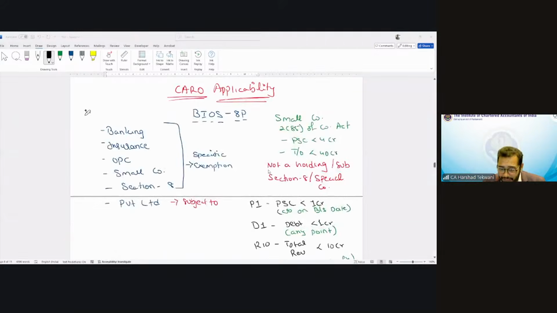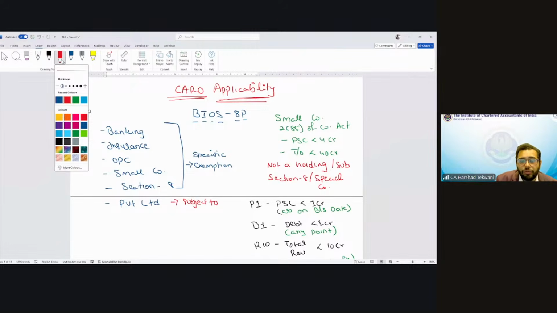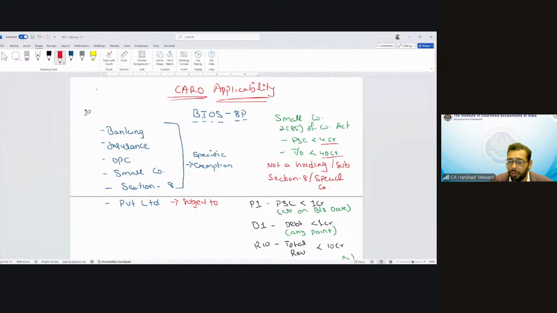Yes. So as we discussed, it should not be a holding, subsidiary, Section 8 or special company to qualify as a small company. Apart from the requirement of your numbers, which is turnover and paid up share capital, you have to see for holding and subsidiary also. And it does not say it's a holding or subsidiary of a public company. It only specifies that it should not be a holding or a subsidiary of any company. If it is a holding or subsidiary of a private limited, still it will not be applicable to them.